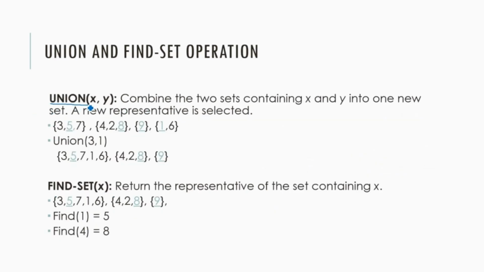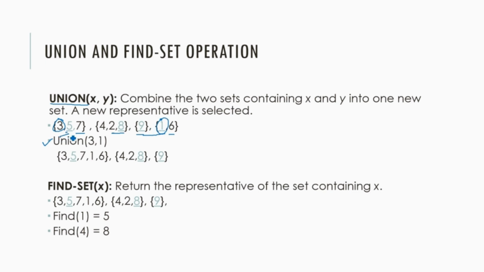Union is another typical set operation. We usually merge different sets using the union operation. For example, we are given 4 different disjoint sets. Now if we perform the operation union 3, 1, then 3 and 1 will be elements of the same set.